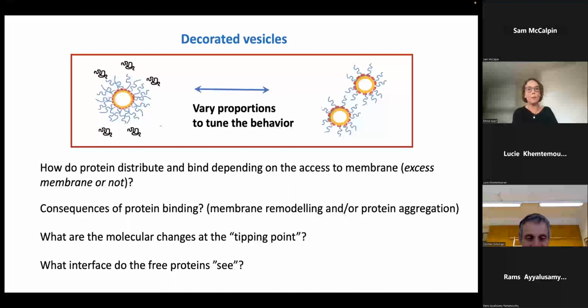Then we look at the consequences of this binding, which could be, for example, membrane remodeling. I will then go on to see if there is a tipping point, aggregation or not, and what are the molecular differences or changes that occur at this tipping point.